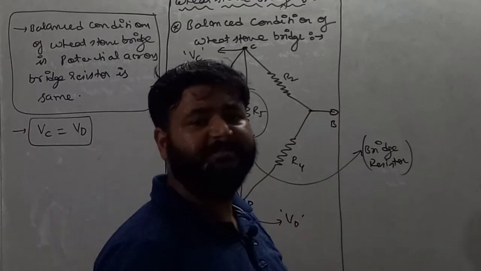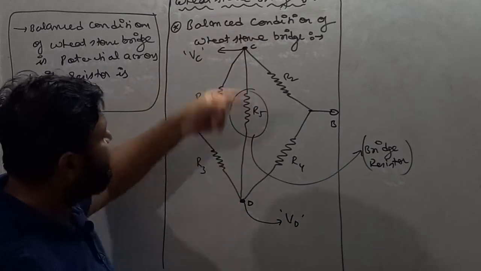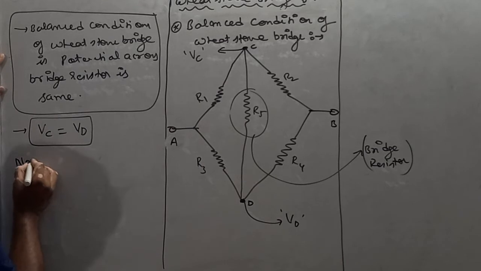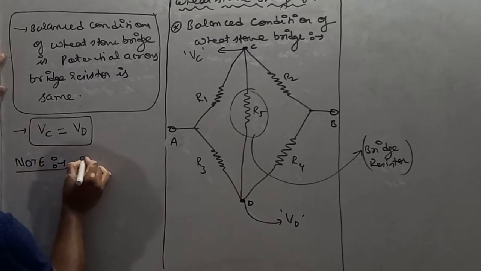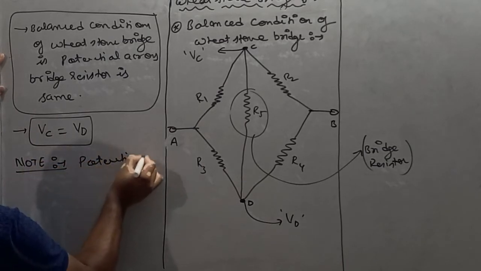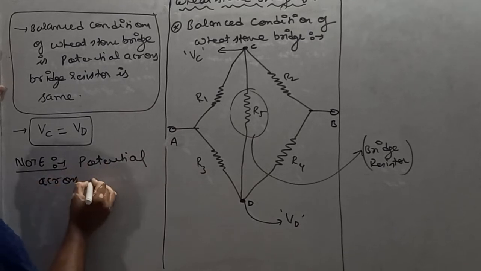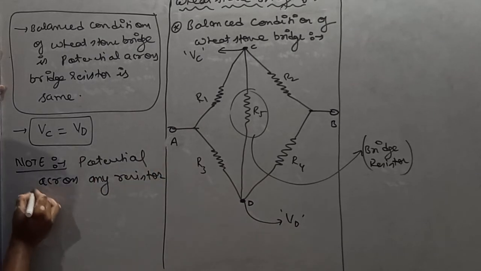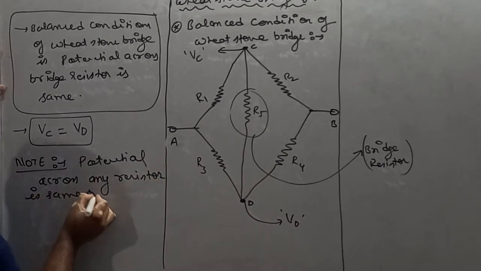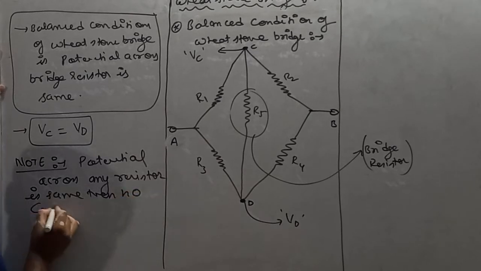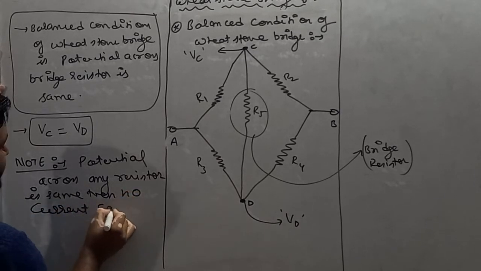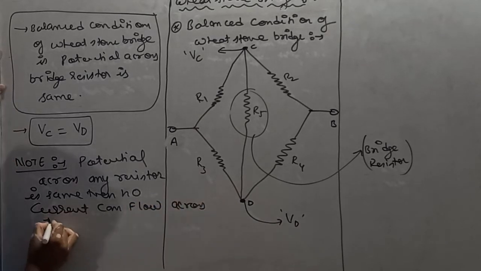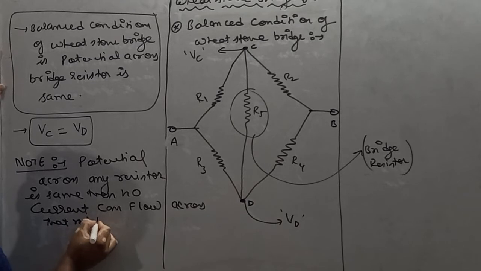Now remember one more thing, my dear student. I am writing here in the form of a note that if potential across any resistor is same, then no current can flow across that resistor. You have to remember this point.